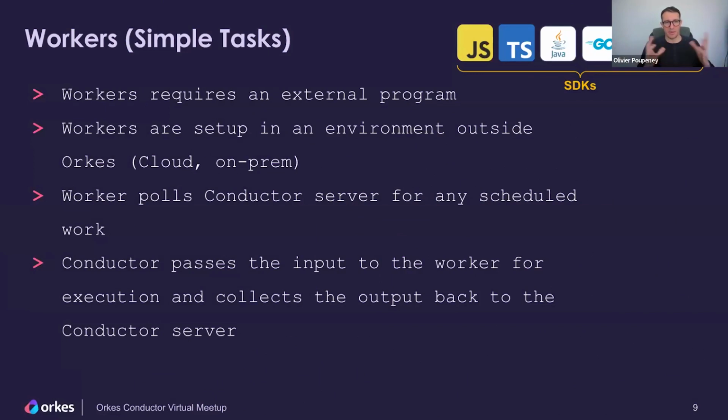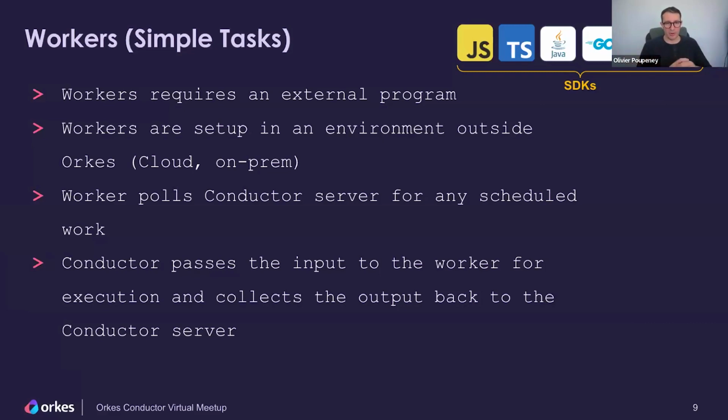The workers are set up outside of Conductor itself, so they can be distributed anywhere. It can be in your cloud, it can be on-prem. The demo I'm going to do will be on my local machine, and the orchestration will be in the cloud. So this can work as well.